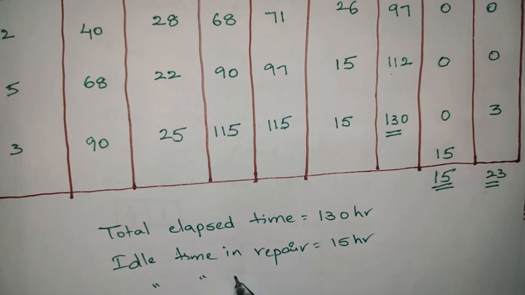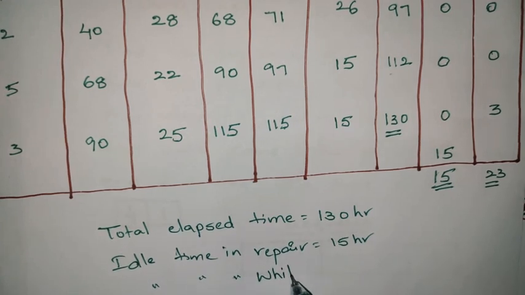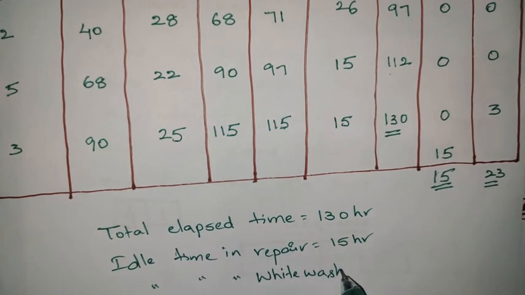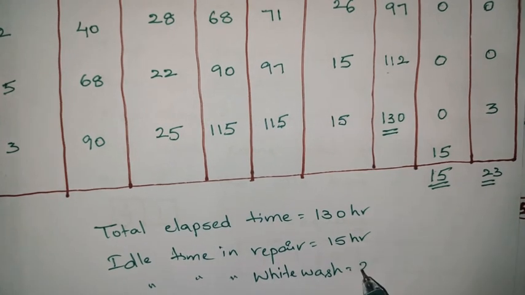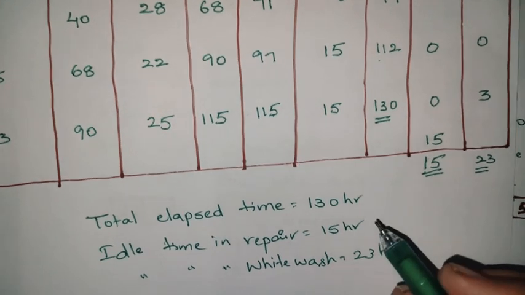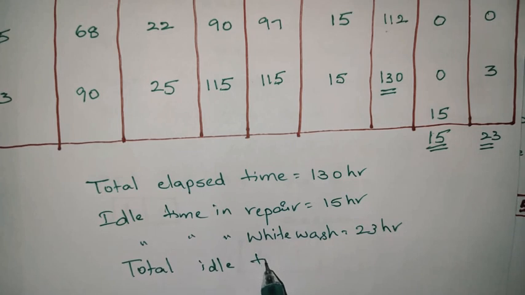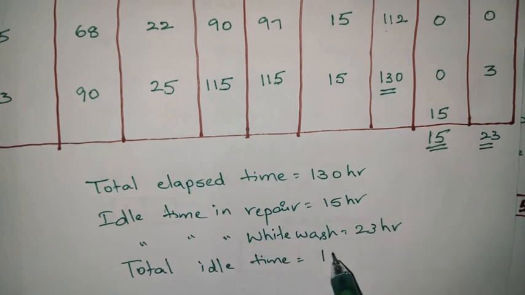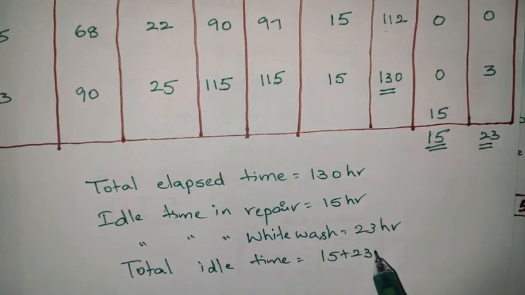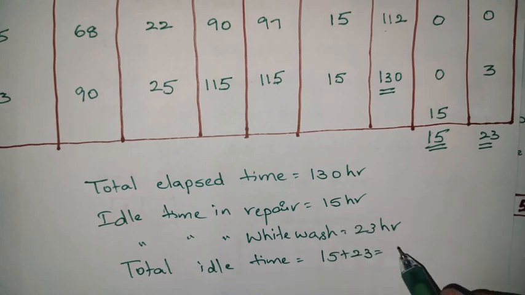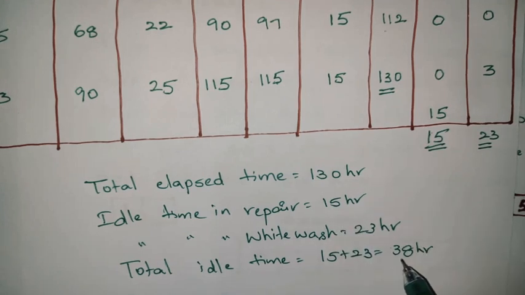Idle time in whitewash is equal to 23 hours. Then what is the total idle time? Total idle time is equal to 15 plus 23, which is 38 hours, right?